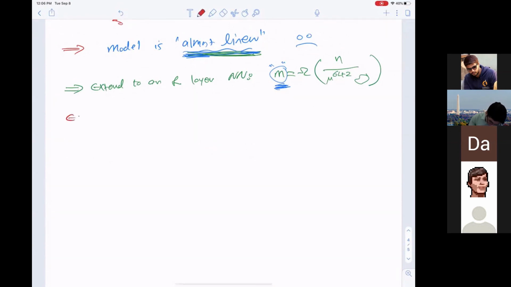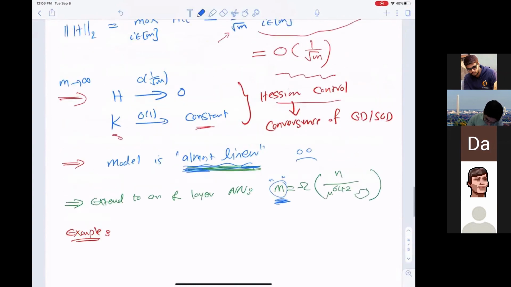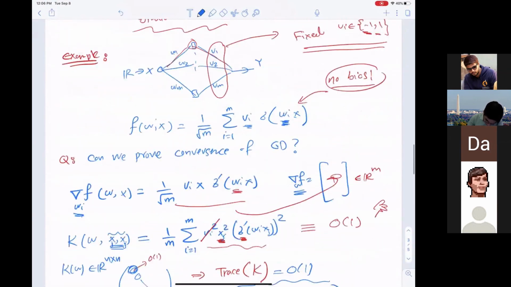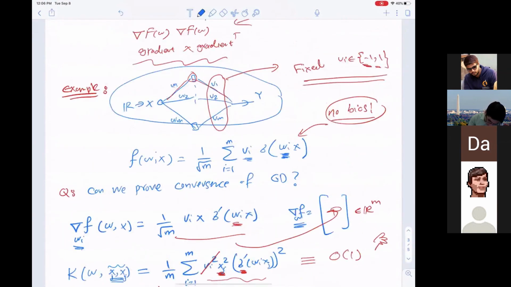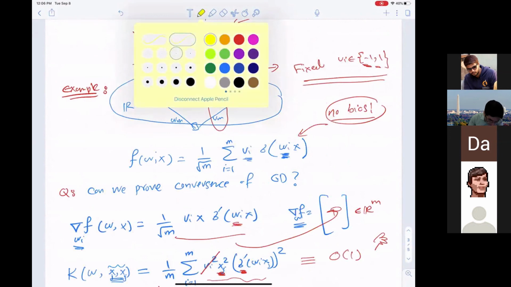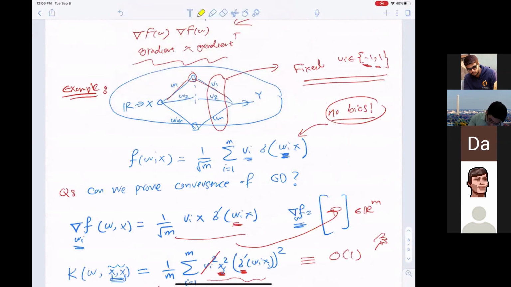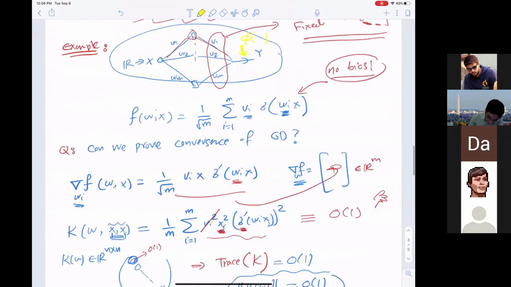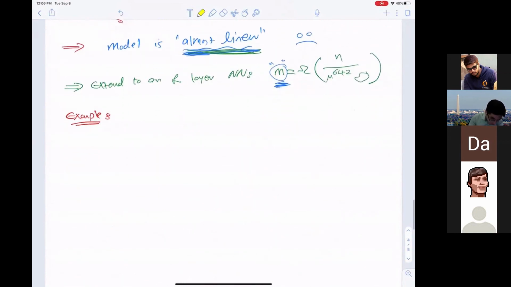Let's look at a very simple example. Let's take the previous network that we considered, and I'm going to apply another nonlinear activation function, let's say phi, on top of my output y.